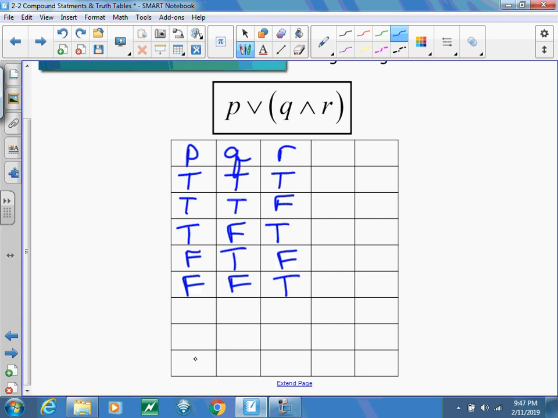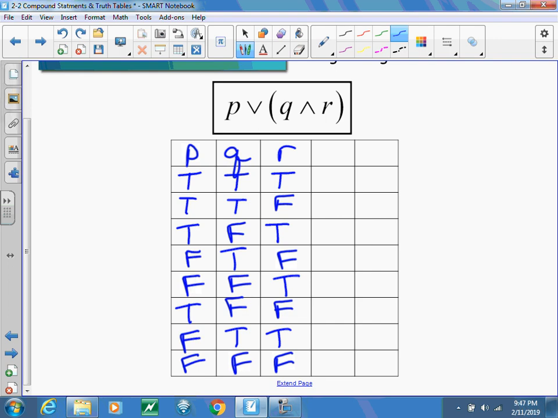Let's see, I've got false, false, true. I've got false, true, false. Which one am I missing here? I could do a true, false, false, and a false, true, true, as well as a false, false, false. So there are a total of 1, 2, 3, 4, 5, 6, 7, 8 different possibilities with 3 of these statements.